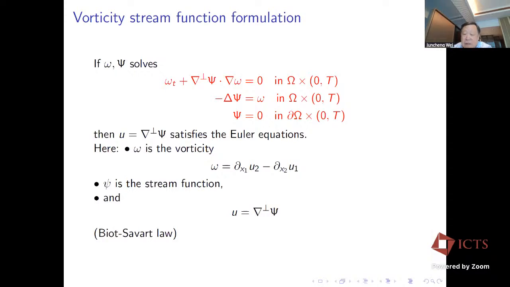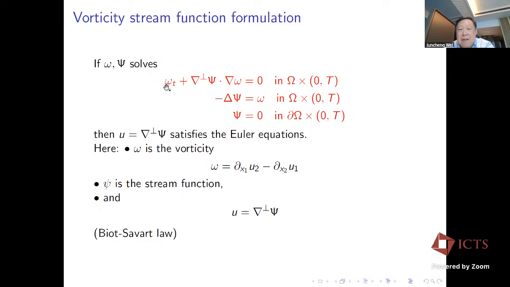First, we study the so-called vorticity stream function form. Take omega as the vorticity, which is curl of u, and psi as the stream function, where u is the velocity. In terms of the stream function and the vorticity, this equation is very simple.